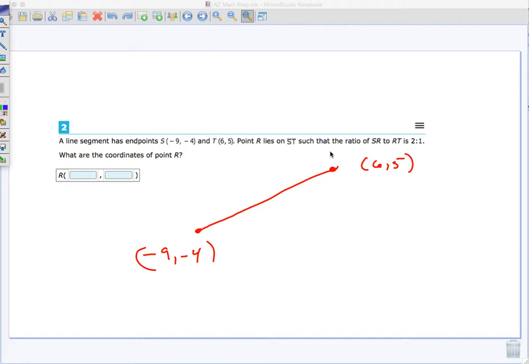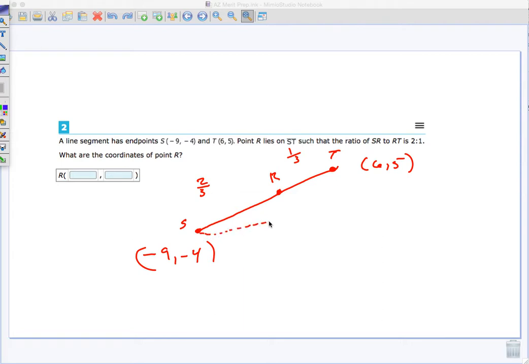So this is point T, this is point S. The problem says we have a point R that lies on ST such that the ratio of SR to RT is 2 to 1. So SR is going to be twice as big as RT. If we were to break this into thirds, SR would be 2/3 of the length of the entire segment, and RT would be 1/3.